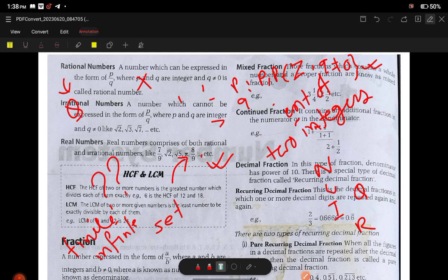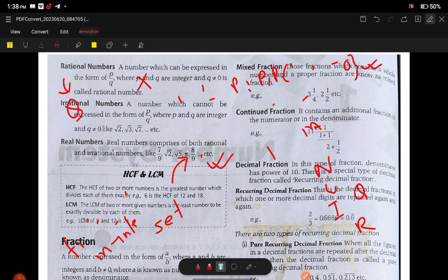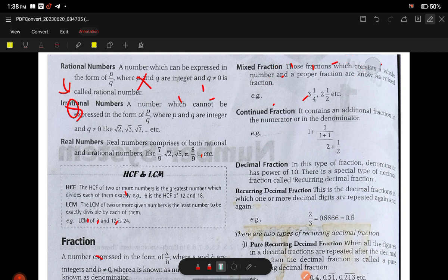Next is irrational numbers. An irrational number is a number which can't be expressed in the form of p by q, that means it cannot be expressed as a quotient of two integers.